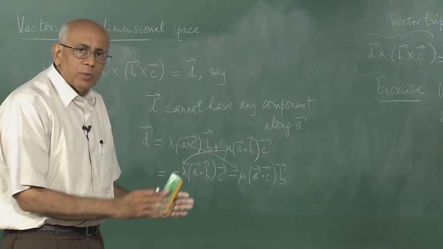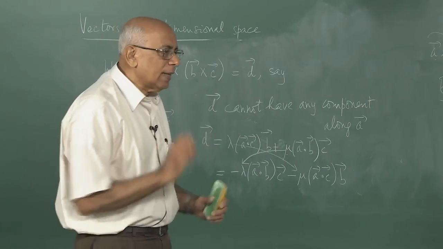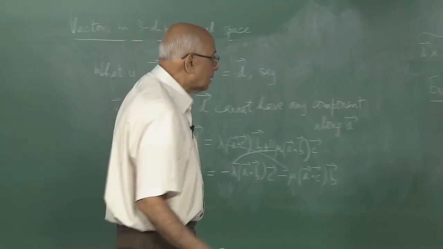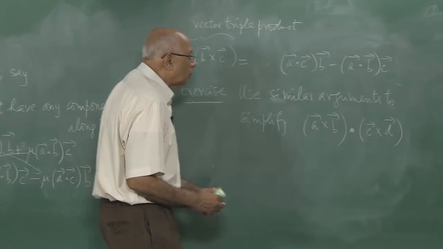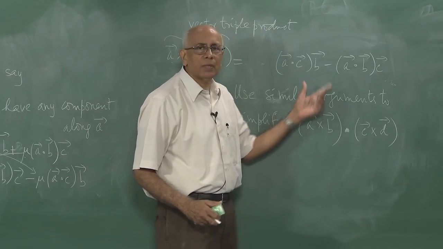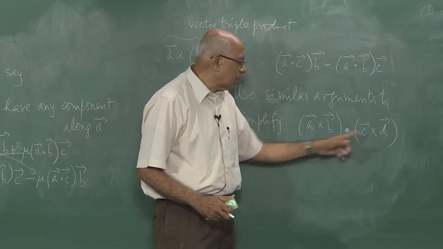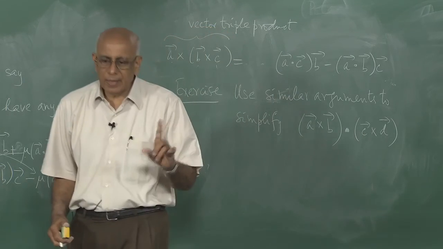Find the vector A cross B, find the vector C cross D and take the dot product between the two. It is a scalar of course, and find what this is, and you get a formula similar to this except it is for scalars. Use exactly the same sort of argument.